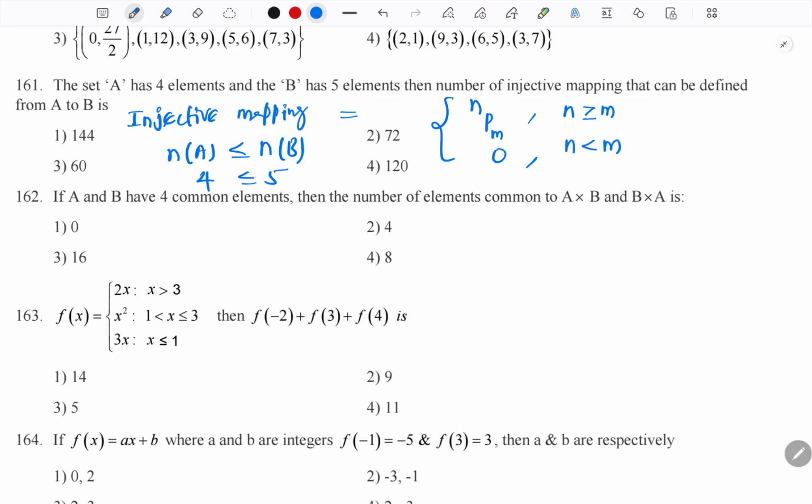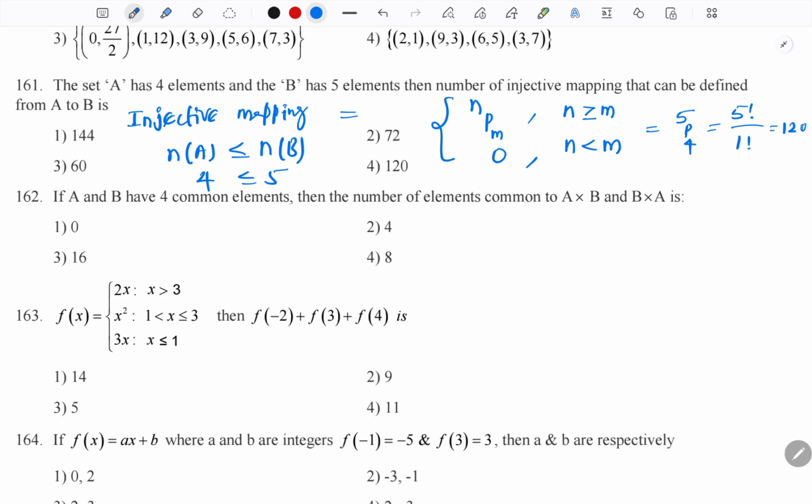Students, now substitute here first one, then how much answer will come? N is 5, so 5 P 4. What is the 5 P 4 answer here? 5 factorial by 5 minus 4, 1 factorial. What is the 5 factorial answer? 120, right? Say 120 is the correct answer.